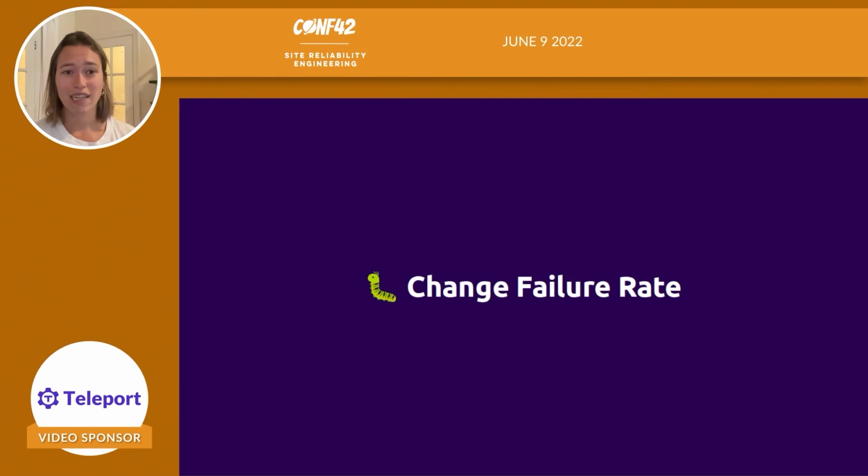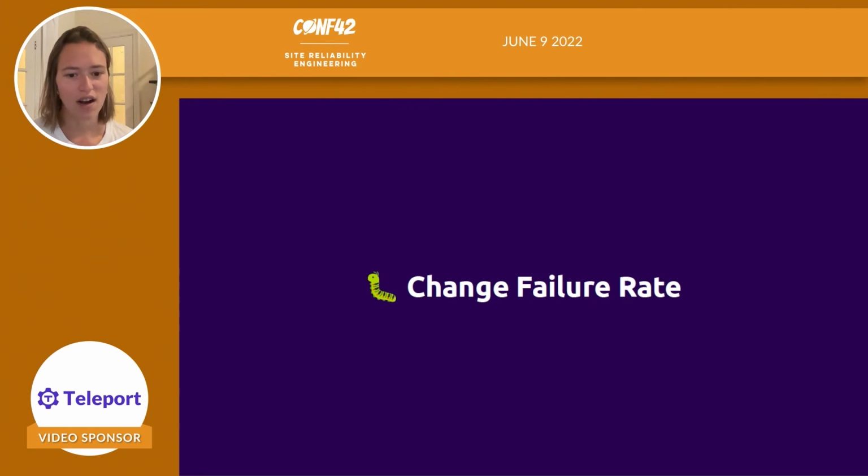A common mistake that teams make when measuring this is to just look at the total number of failures rather than the rate. But the rate is actually pretty important because the goal is to ship quickly. So if you look at the number of failures and you're shipping super often, that number might be higher, right?